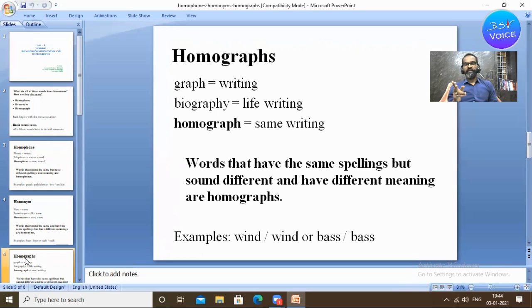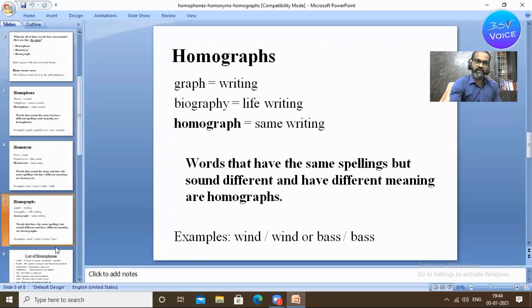Similarly bass and bass: bass of the music, and bass as a fish. The pronunciation is different and the meaning is different, but only the spelling is the same. That's called homograph.